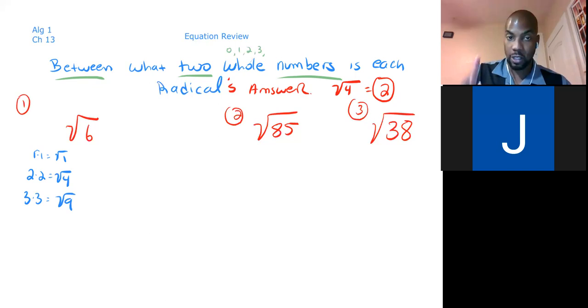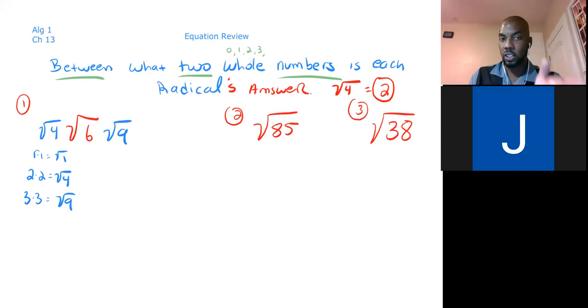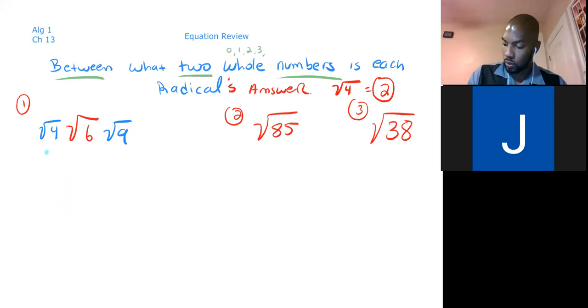The answer for rad 6 would be between rad 4 and rad 9. The radical of 4 is 2, and the radical of 9 is 3.